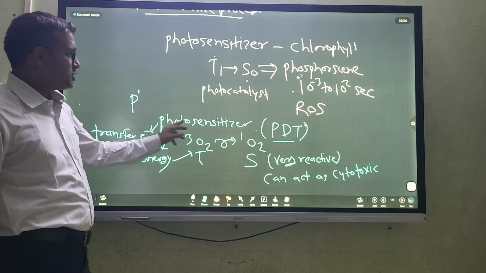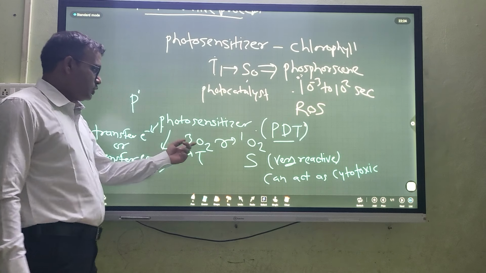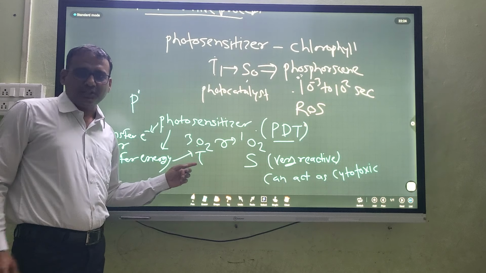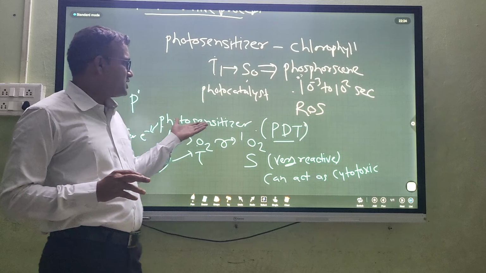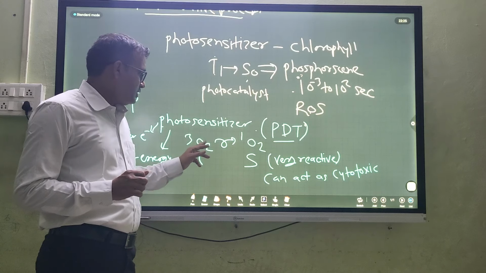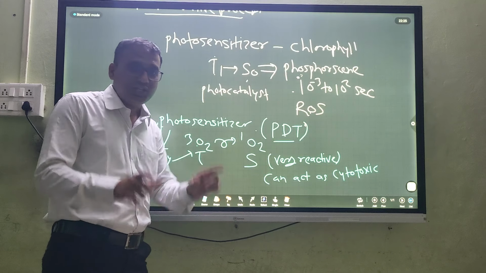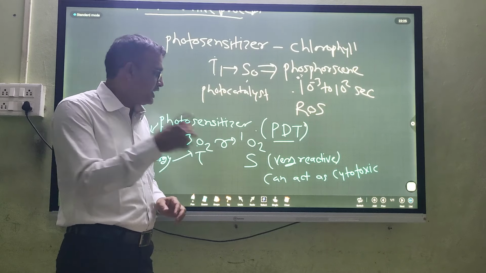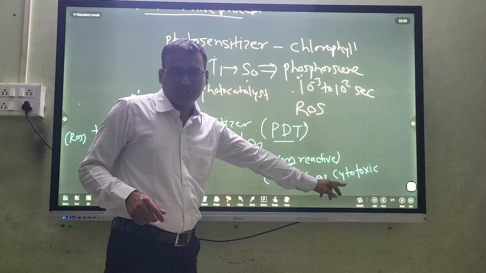Now, in photodynamic therapy with a photosensitizer, what happens? Generally, in the surroundings, the oxygen molecule is in a triplet state. A photosensitizer like porphyrin rings can convert this oxygen into singlet oxygen. Singlet oxygen is very reactive, so it acts as a cytotoxic in nature.